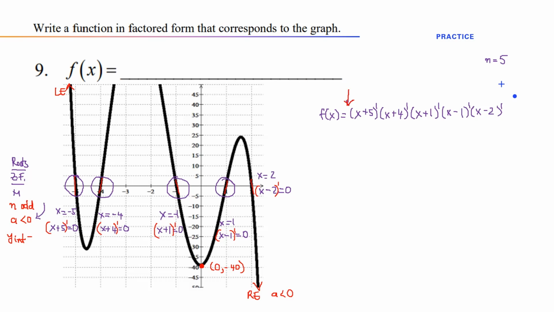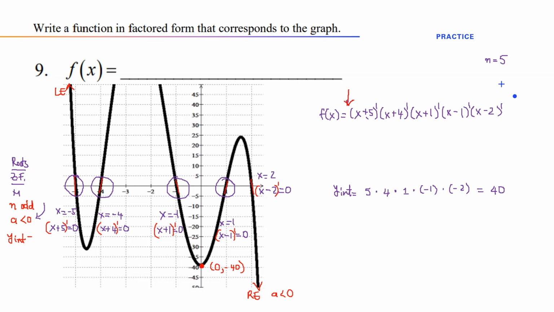So let's check the y-intercept first. We have 5 to the power of 1 times 4 to the power of 1 times 1 to the power of 1 times negative 1 times negative 2. That equals 5 times 4 is 20, times negative 1 is negative 20, times negative 2 is 40.